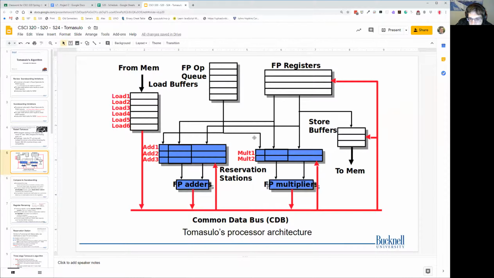So without delay, those entries that were dependent on that registers, they will immediately be updated with the values so we can actually assign them to a functional unit.